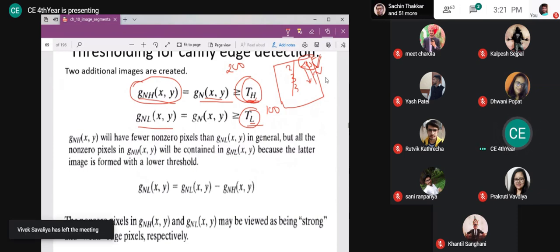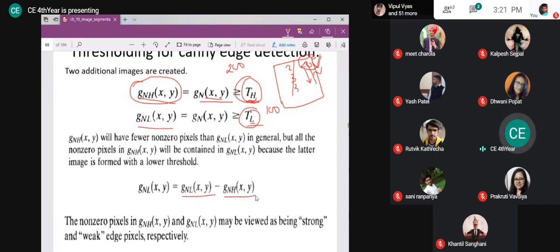Intermediate values I'm worried about. If the intensity is even lower than the lower threshold, they are not at all part of my edge. I am confused only about the intermediate ones. I don't want those false positive and false negative issues, and that can happen with all the values intermediate to 200 and 100.